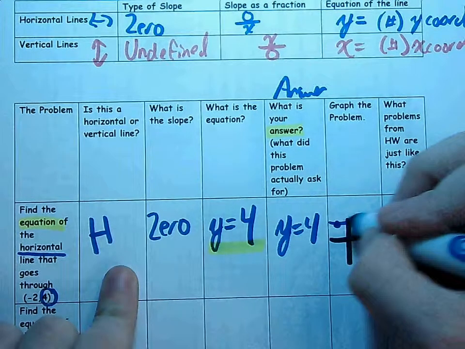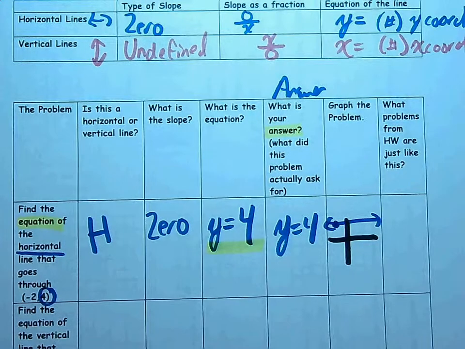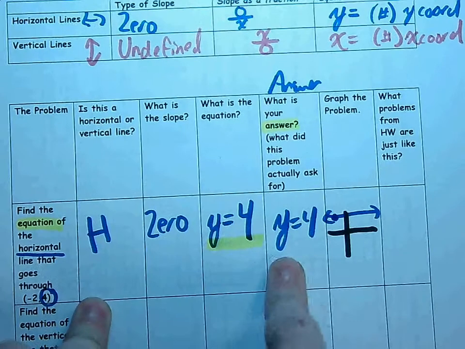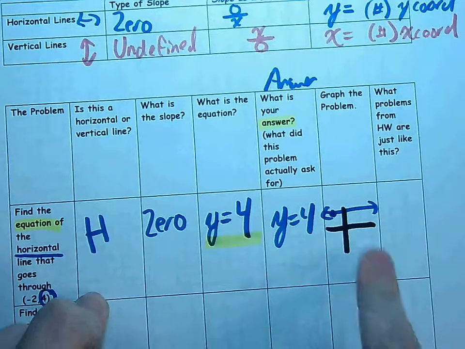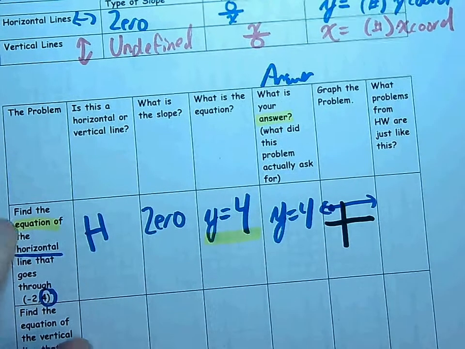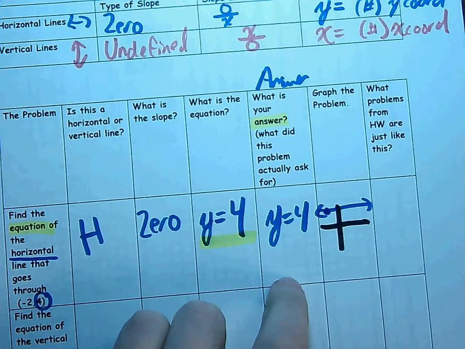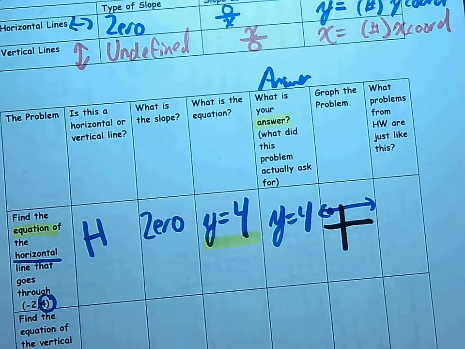There, graphed. Done. That's my thought process. And then I'm even going to look and be like, all right, it's horizontal, I've got a y equals, horizontal line looking. Yep. Make sure I answer the question they asked for. They asked for the equation. That means y equals.